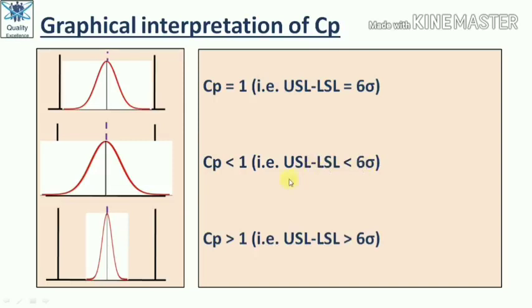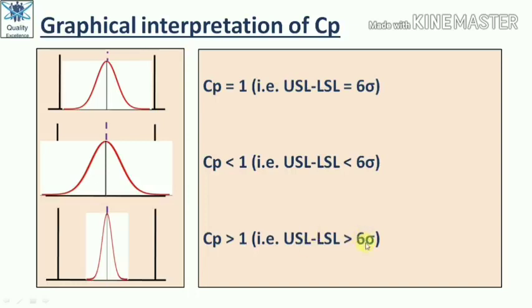In the third case, you can see here that USL minus LSL is much greater than the width of our process. What does it mean? You can see here the numerator is on the higher side and the denominator is less.